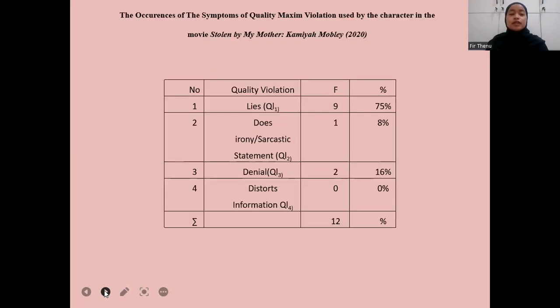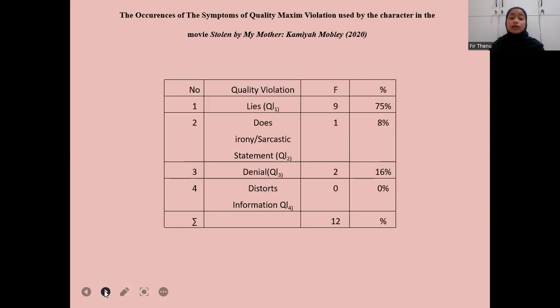So for the discussion of the research, the researcher found that the quantity maxim is the most violated maxim in the movie. However, this research is different from several previous studies. In Megah and Wahyuni 2019, the researcher found that the maxim of quality was the most violated maxim in the Omar movie.